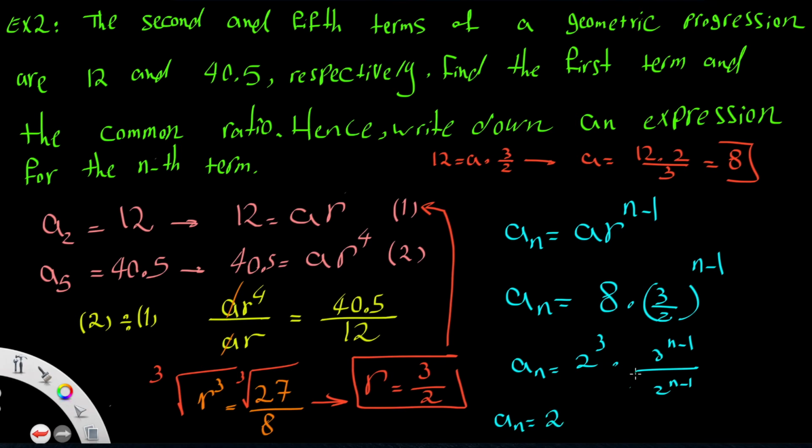It will be 2 to the power of 3 minus n plus 1, which will be 4 minus n, times 3 to the power of n minus 1. It is an expression for the nth term of this progression.